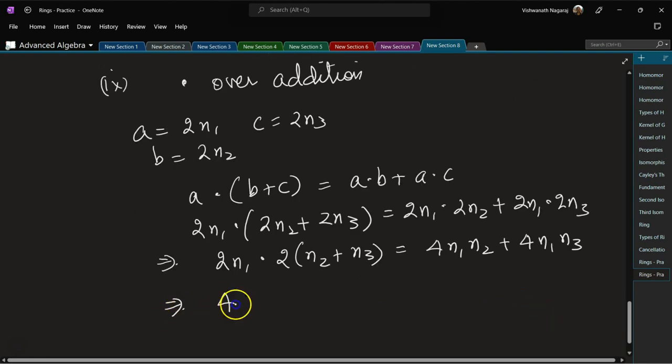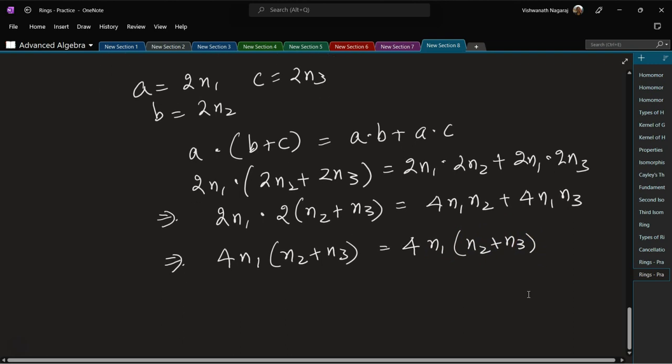So this becomes 4n1 times (n2 plus n3), where 4n1 is common. So both sides are equal, and we can write this as 2 times this quantity.